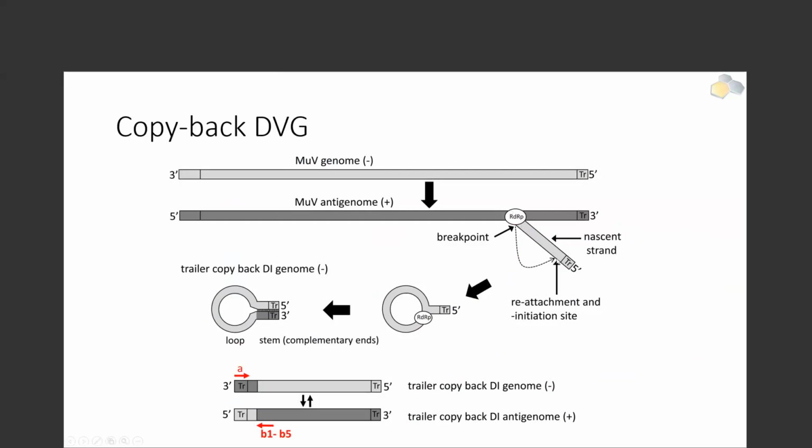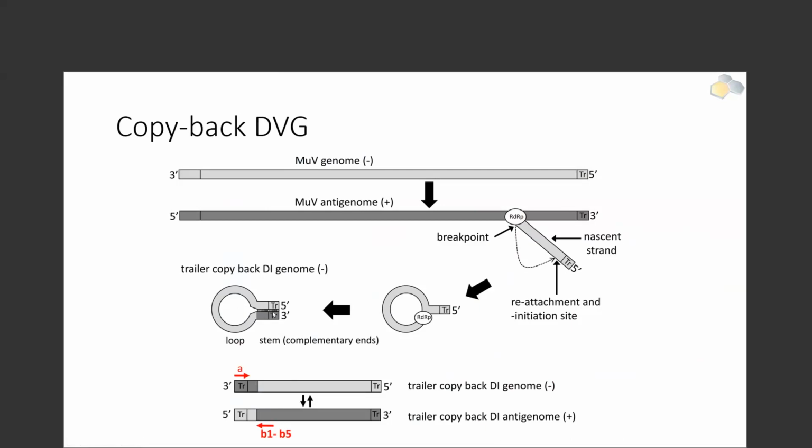That also means it creates some complementarity: this section of the genome is going to be created twice, the reverse complement version of it, and it's going to be able to create this stem loop as we see it here.